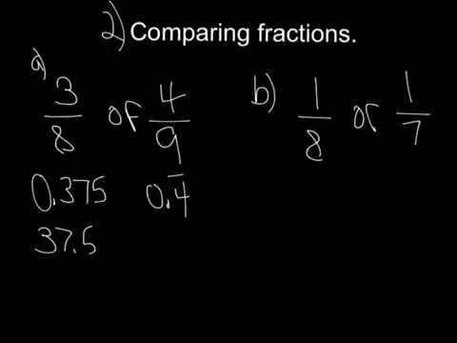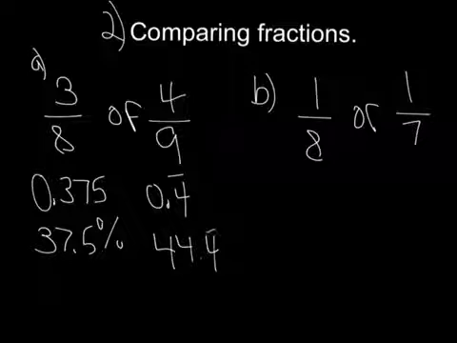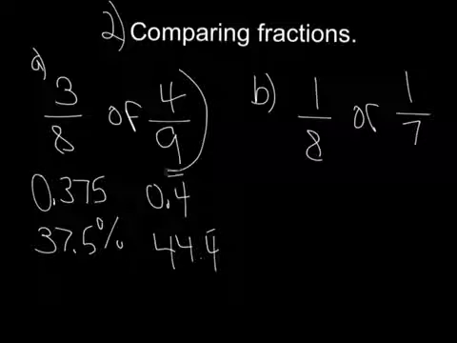If it was 6/9, it would be 0.6 bar notation. But 6/9 is 2/3, so it would be 0.6 bar notation. Anyways, anything over 9 is that number with the bar notation. So as a percent, it would be 44.4 bar notation. So clearly this one is higher.